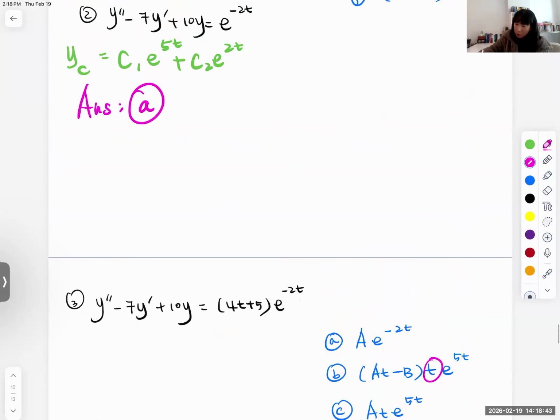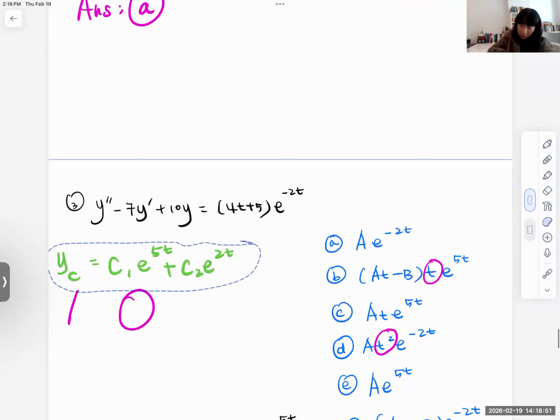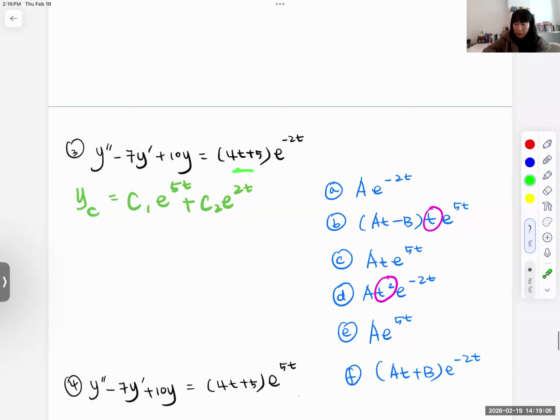Okay, third one. So complementary solution, same. Copy. Okay, look, the right hand side for particular solution, right? We never had this one before. Yeah, but then this is a little bit more complicated, right? So looks like this is a linear form.